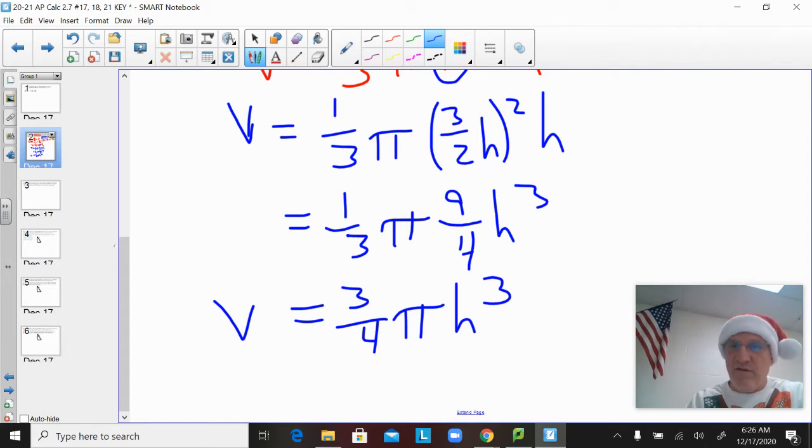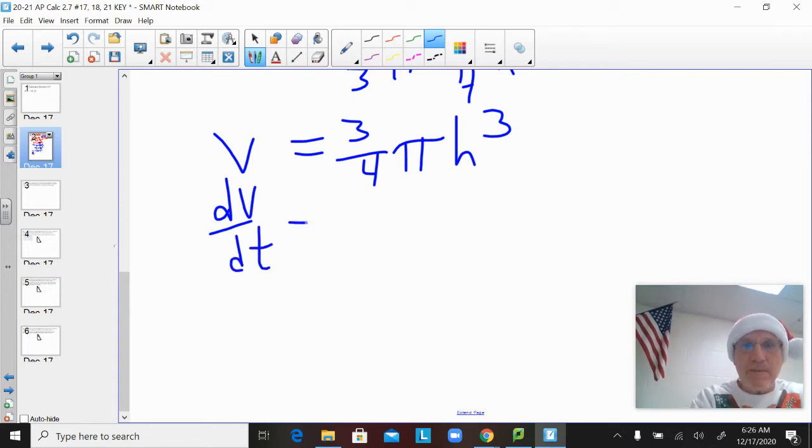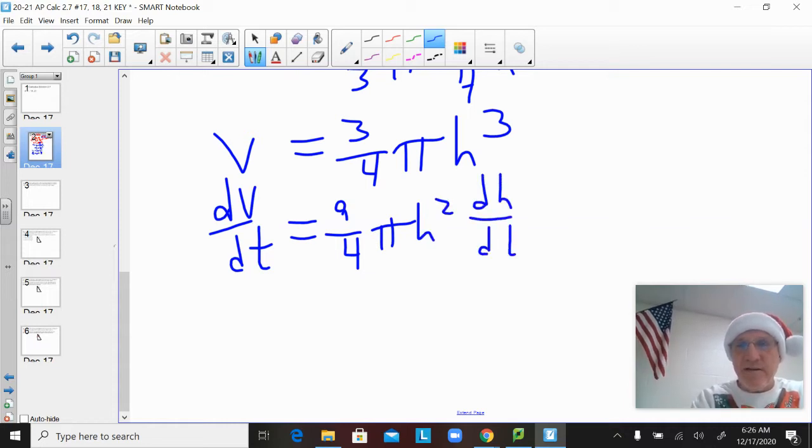Now I can take the derivative of that with respect to time. So that would be dV/dt. And the derivative of 3/4 pi h cubed, with the 3 out front, I get 9/4 pi h squared dh/dt.